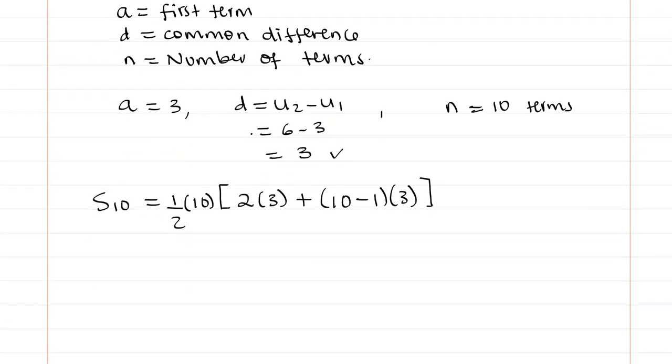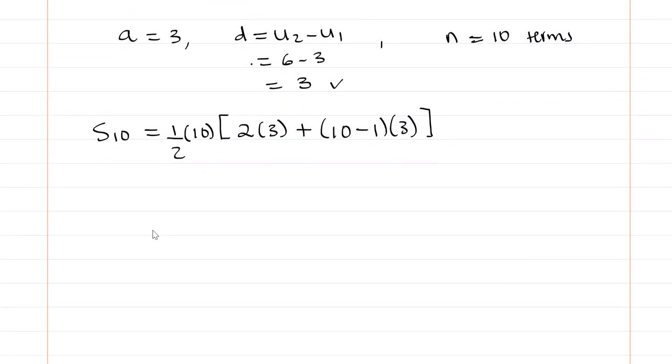Now from here you need to carefully operate this. 10 divided by 2 is 5. So here we shall have 5 into 2 times 3 is 6, plus, what is 10 minus 1? It is 9. What is 9 times 3? 27. So here plus 27.